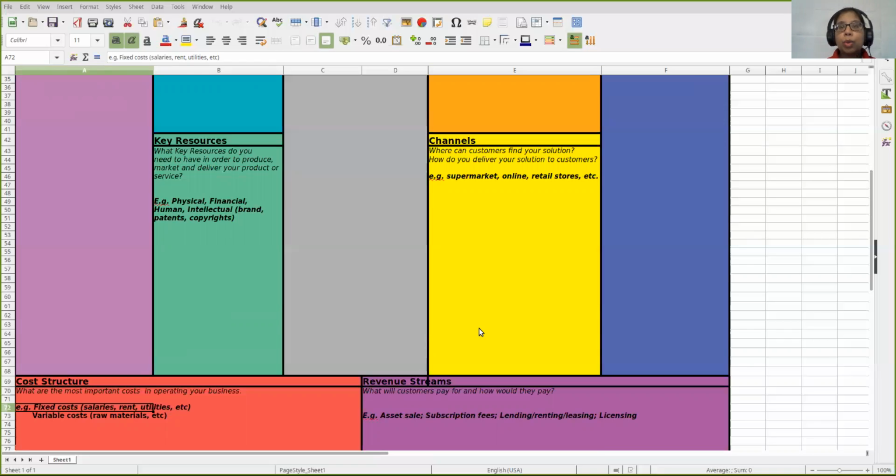Okay, so the rent that you pay for your property would remain the same regardless of how much you produce. The amount that you pay your workers will remain the same regardless of how much you produce in some instances, whereas variable costs are those that change depending on how much you produce.